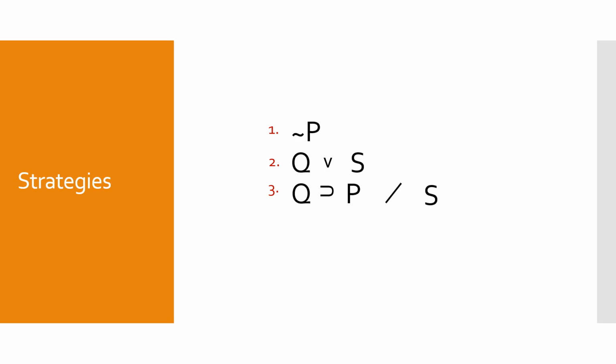Or to offer a different example, notice in this particular case, the conclusion here is contained in the second premise, which is a disjunctive statement. And so we're probably going to need to start thinking about how we can show that not Q is true, since that's how we would end up using a disjunctive syllogism to resolve itself into the conclusion we're after, which is S. So again, usually a really good starting point here is to look for the premise that contains the conclusion in it, and then just basically reverse engineer the proof from there.